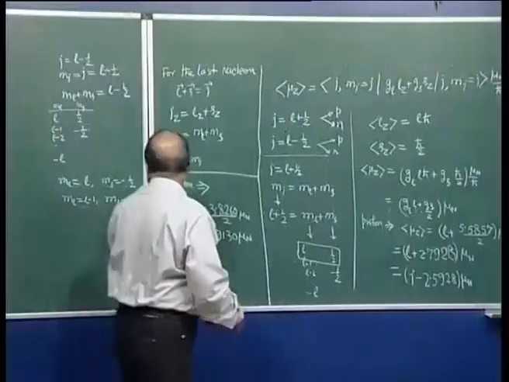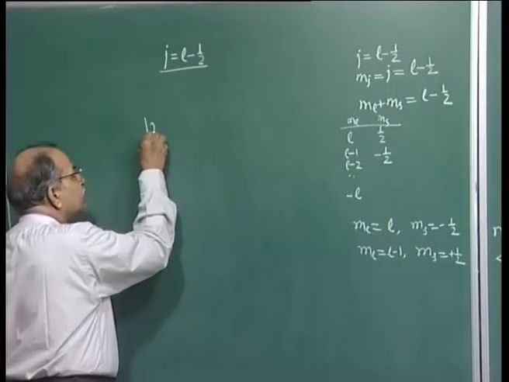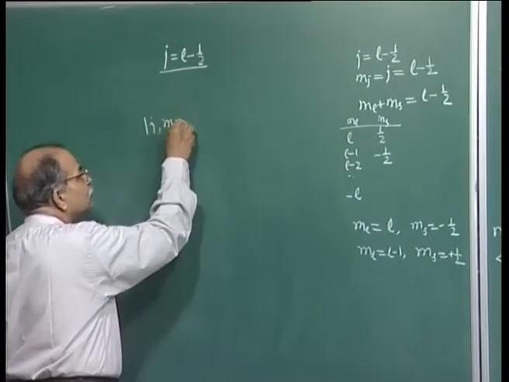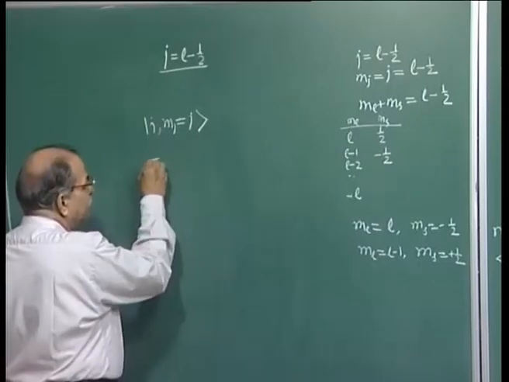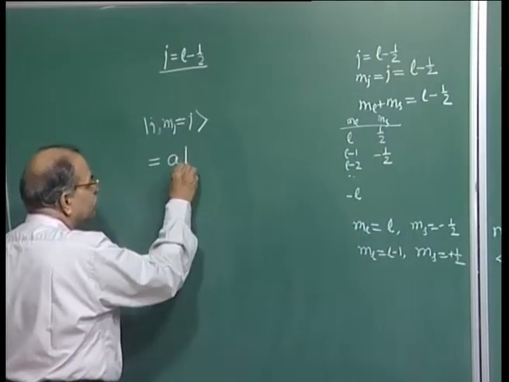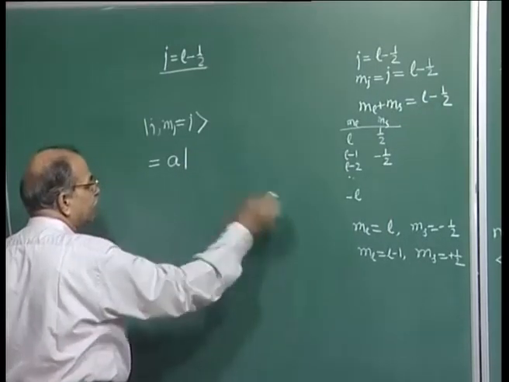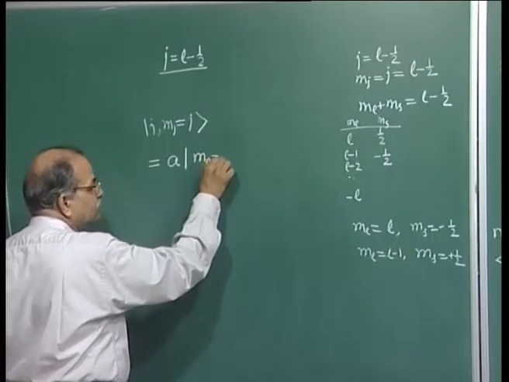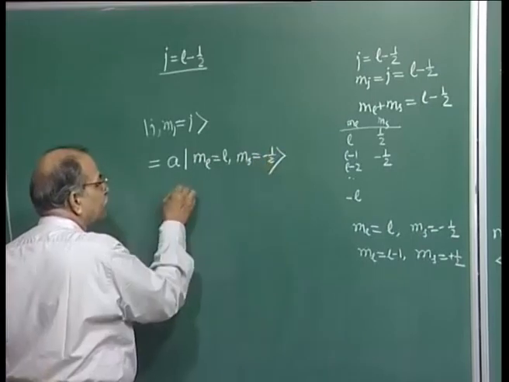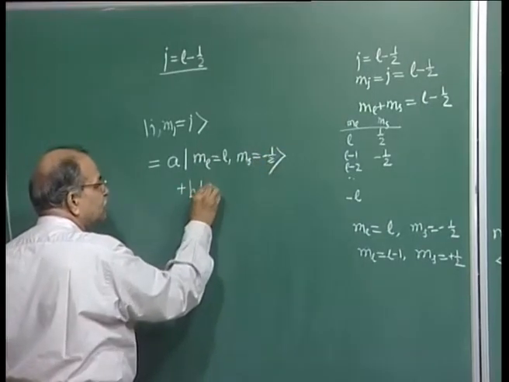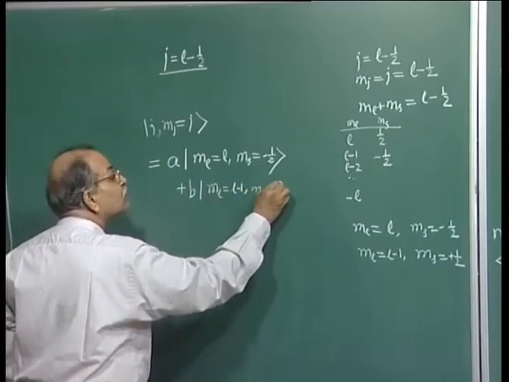Now, this wave function j, mj equal to j, will be a combination of two wave functions. Let me write ml and ms: one in which ml is equal to L and ms is equal to minus half, plus some other constant times the one in which ml is equal to L minus 1 and ms is equal to plus half.